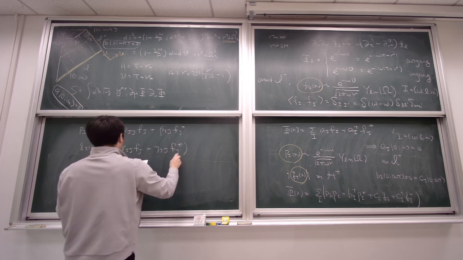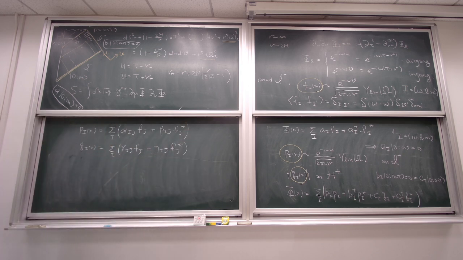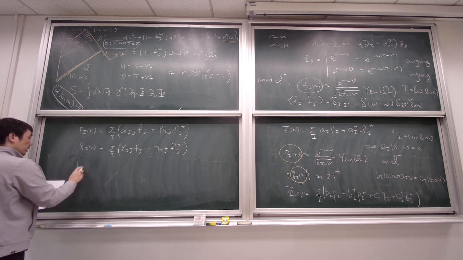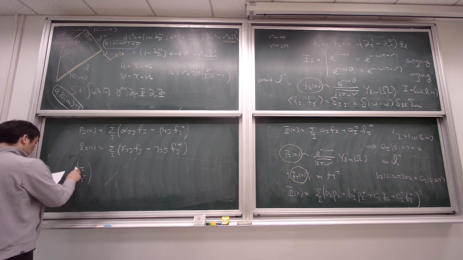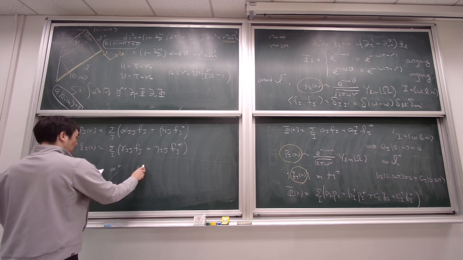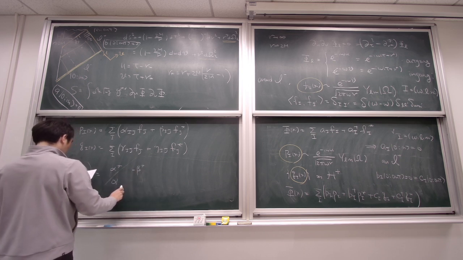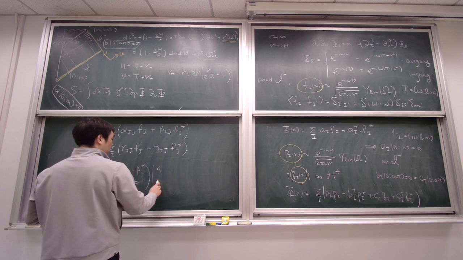This is the Bogoliubov transformation. Using this, one can relate Bi and Bj, where Bi and Bi dagger are given by alpha star, beta star, minus beta, alpha, acting on a and a dagger.